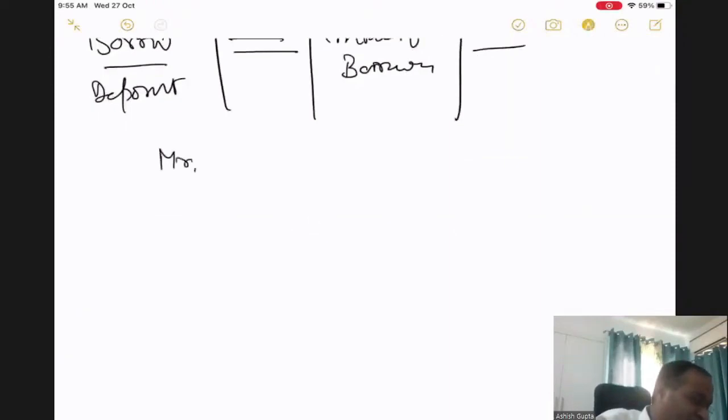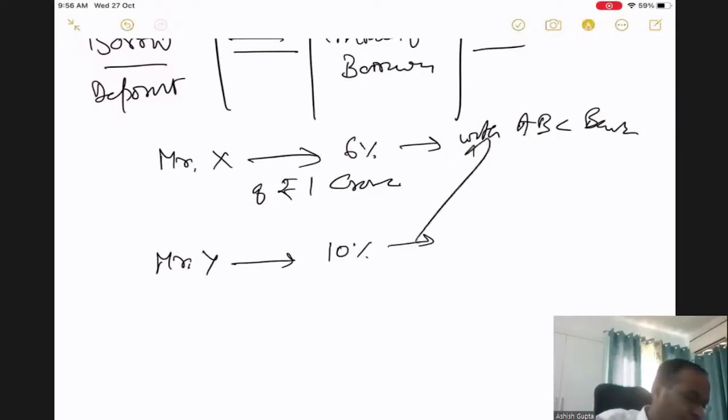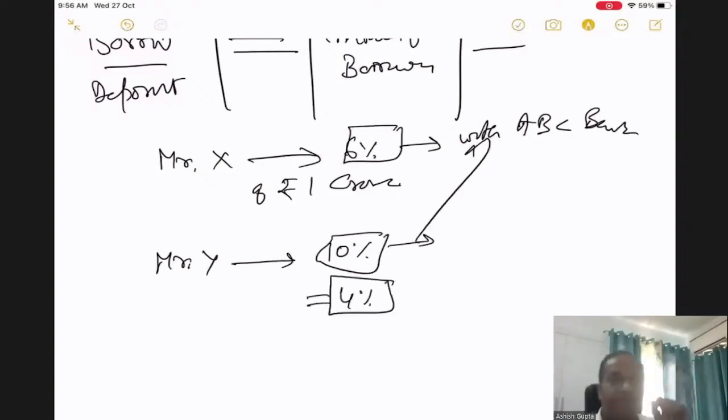If Mr. X makes a fixed deposit at, say, 6% with ABC Bank of rupees 1 crore, and Mr. Y goes to the same bank and wants a loan, the bank gives a loan at 10%. Ultimately this difference, 4%, is the income of the bank.